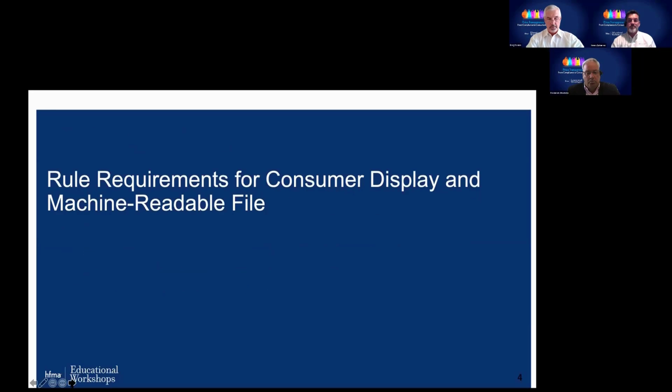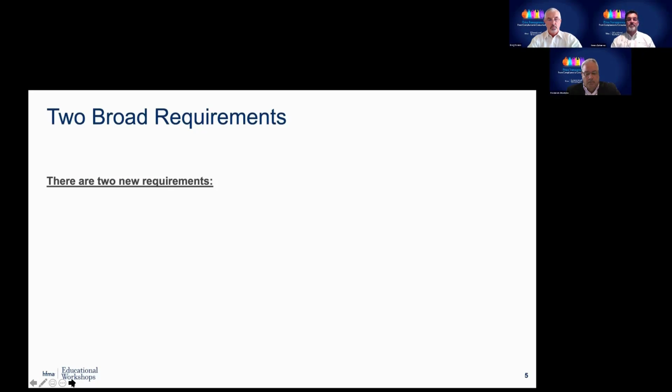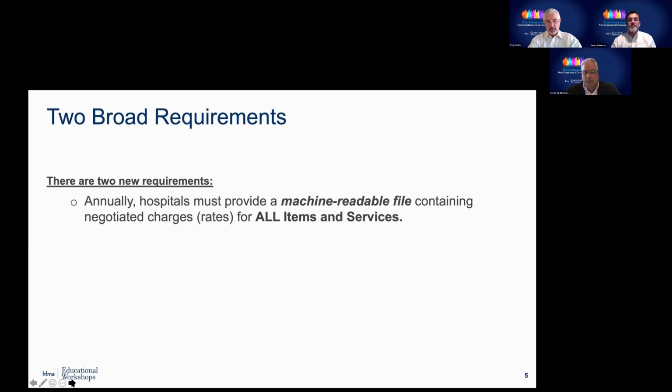So let's get started. First, to make sure we're all operating from the same baseline, let's discuss the rule requirements. There are really 2 broad requirements. The first is that annually, hospitals must provide a machine-readable file containing negotiated charges, basically payment rates, for all items and services.